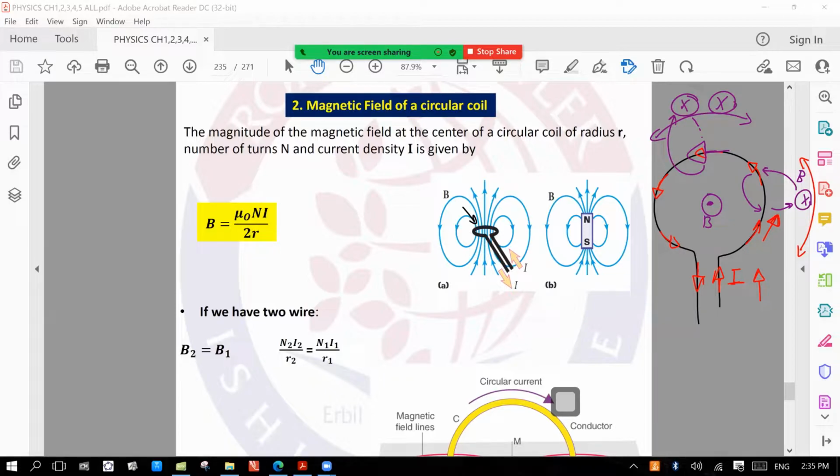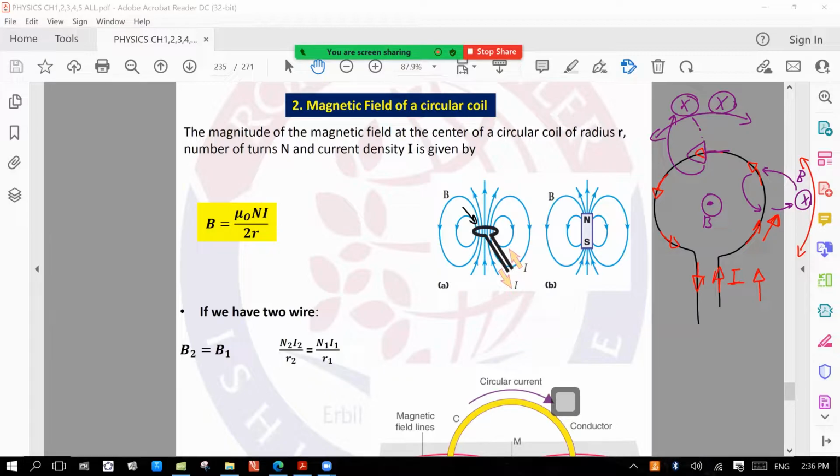So all inside the coil is out of the page, or out of the screen. The outside of the coil is going to be into the page, which we don't need. We only need the inside one.